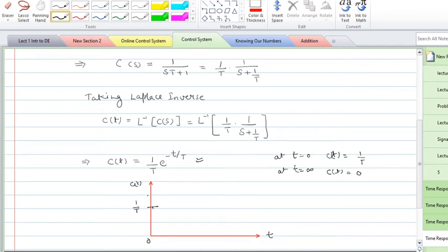So it is exponentially decreasing like this. So this is your time. Let us suppose this is T, this is 2T, this is 3T, and this is 4T. Then after 4T, it will achieve its steady state response.